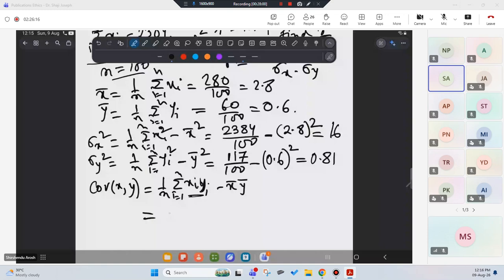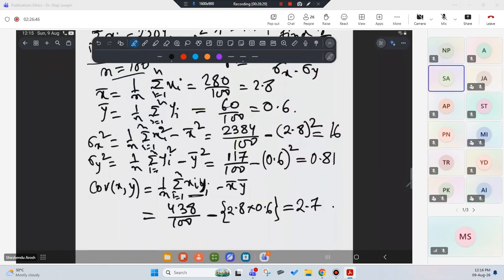So the number is 438 by 100 minus, this is 2.8 multiplied by 0.6, right? So please, the 100 is only with the summation xi yi, not the whole numbers. So many calculation mistakes happen because of that. If we simplify this, it should be 2.7.